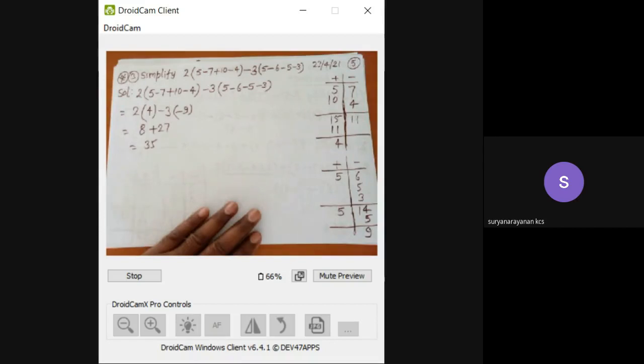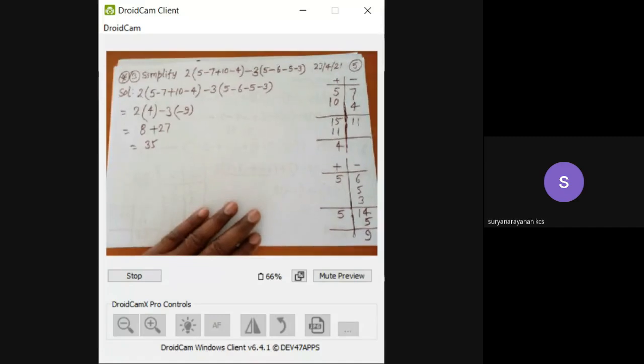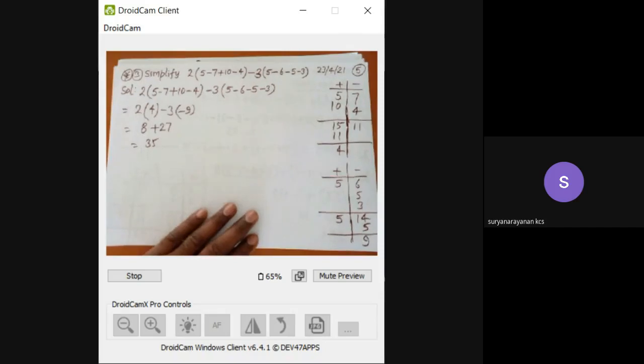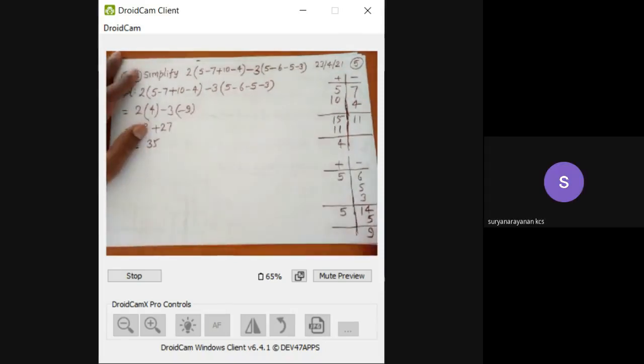Take a pen and paper, my dear children, and write the question paper design. MCQs, 10 questions, 10 into 1. Each multiple choice question carries 1 mark. 10 into 1, 10 marks. Are you writing or not?